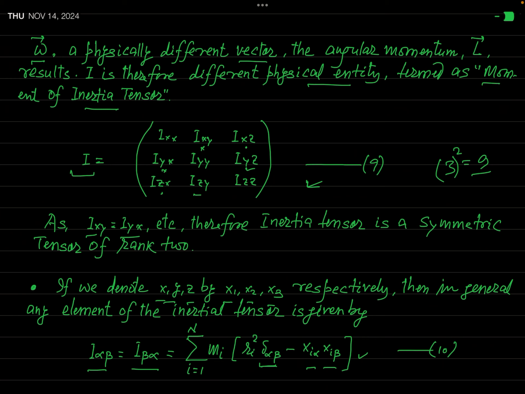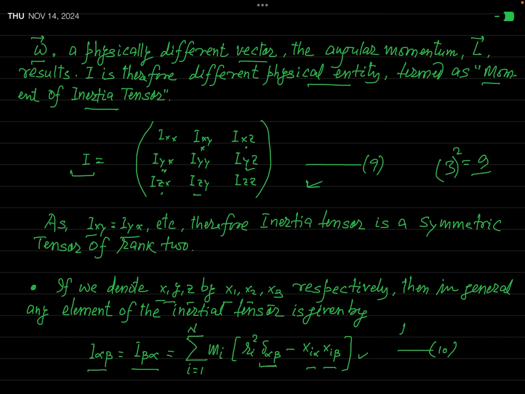This Kronecker delta is equal to 1 if the two indices alpha and beta are the same, but it is 0 when they are not the same. So check when alpha is equal to beta, equal to x, or x1.